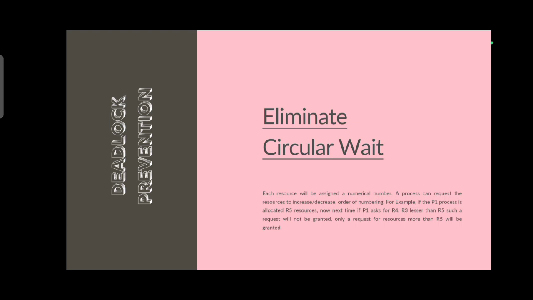For example, if the process P1 is allocated resource R5, now next time if P1 asks for R4 or R3, lesser than R5, such a request will not be granted. Only a request for resources more than R5 will be granted.